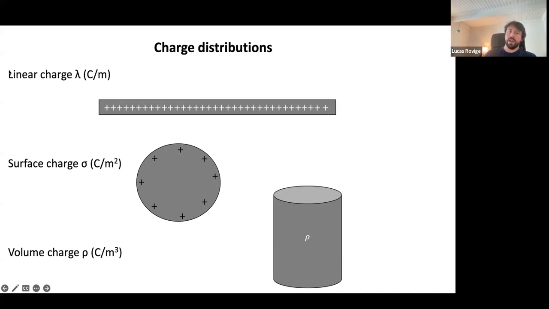So for instance, we can have a line of charge, and in that case, we just use this linear charge density lambda, which is, I guess, the total charge divided by the distance. So it's the charge per distance.